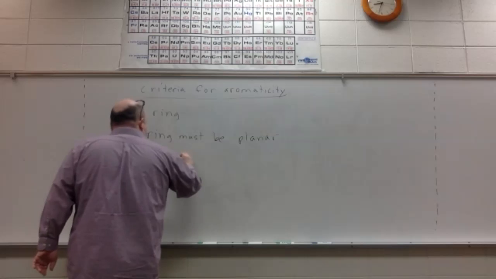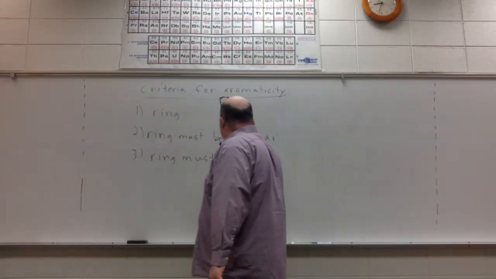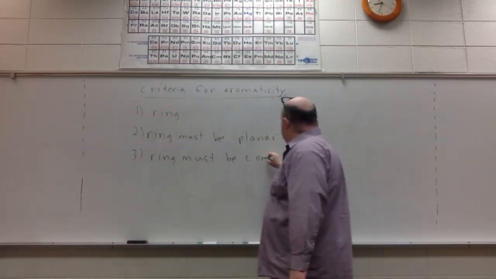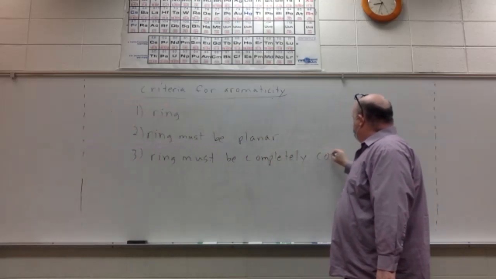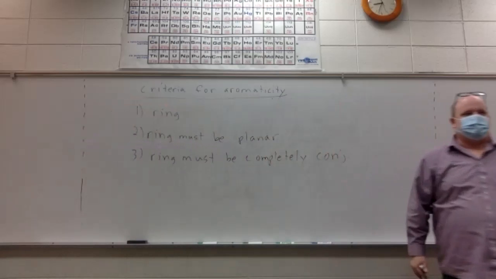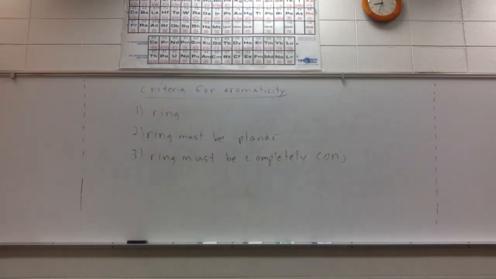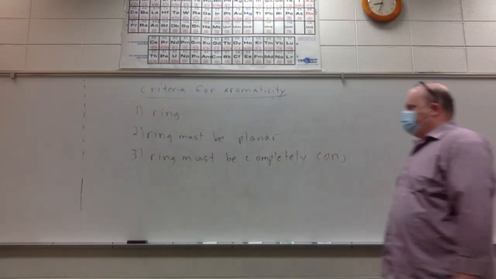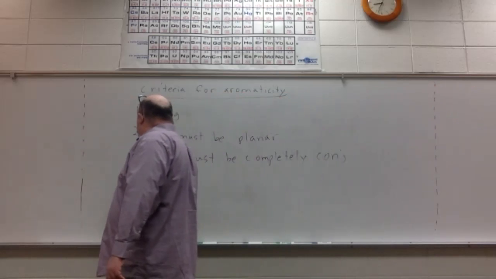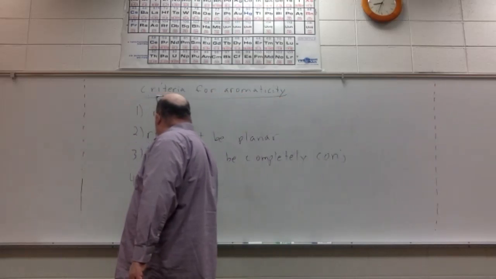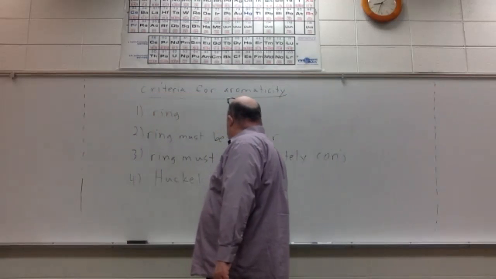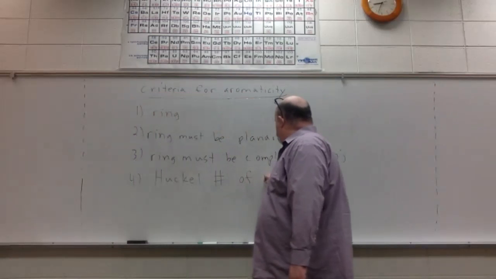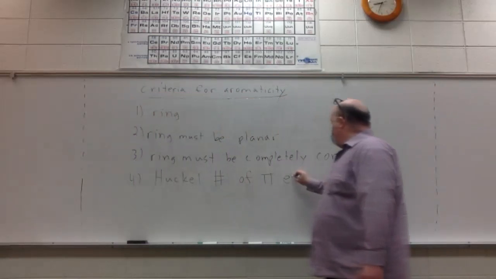All right, your ring must be completely conjugated. We're going to revisit conjugation. Number 4, you have to have what we call the Huckel number of pi electrons in your ring.